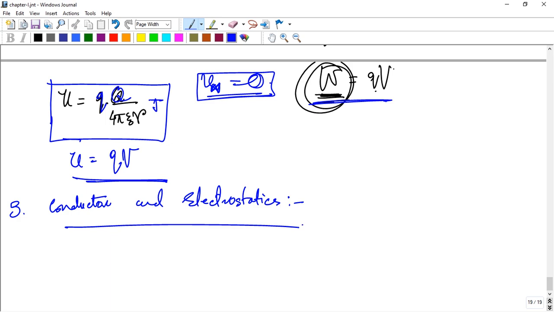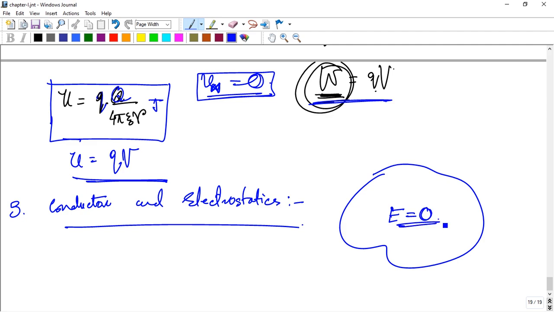First property: inside a conductor, the electrostatic field is 0. Suppose you consider a conductor; inside it, the electric field is 0. So the entire charge of a conductor resides on the outer surface.